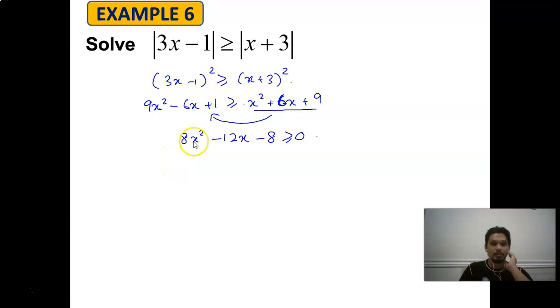Okay, so factorize with a 4 here. So we got 2x squared minus 3x minus 2 greater than or equal to 0.